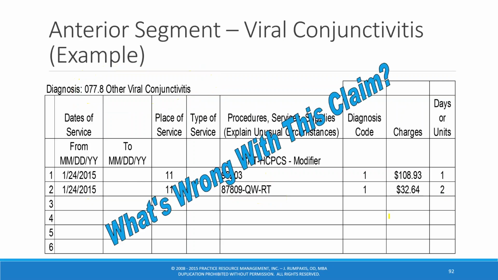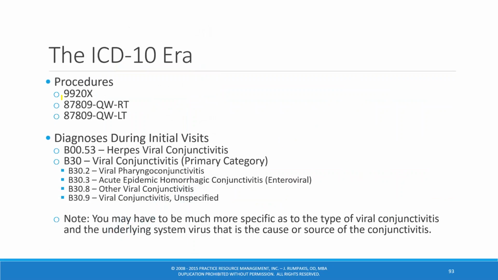So how does this look in the ICD-10? In the ICD-10, I'm going to code my procedure, my office visit. If I did a clinical lab test in one eye, I would signify which eye that was. I'm then going to diagnose what kind of viral conjunctivitis I'm dealing with.